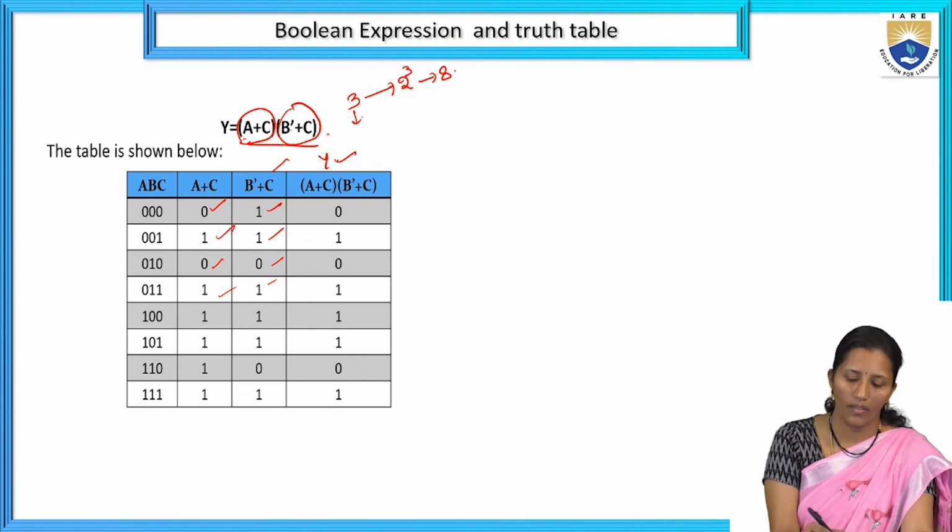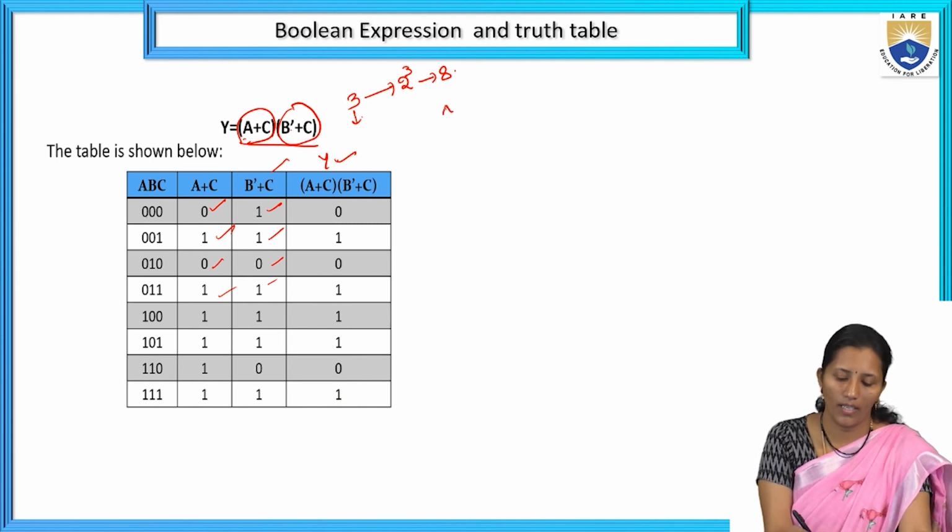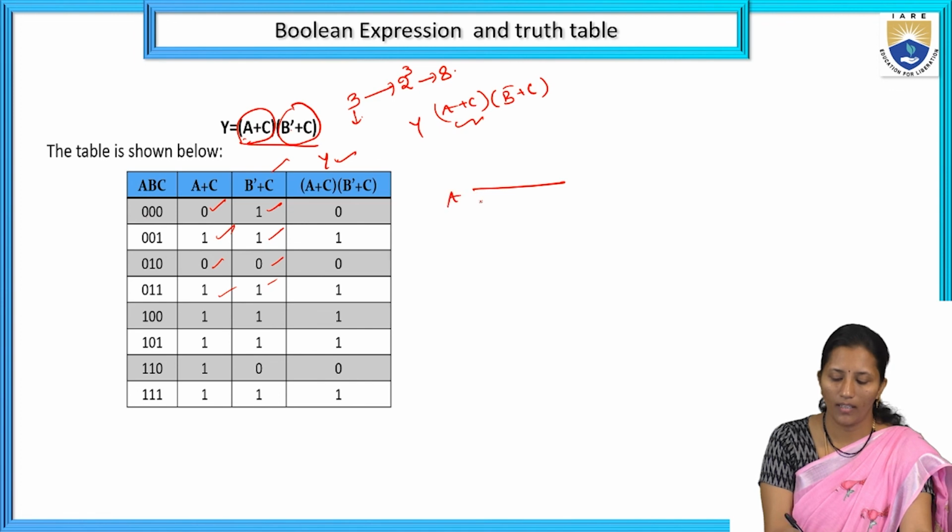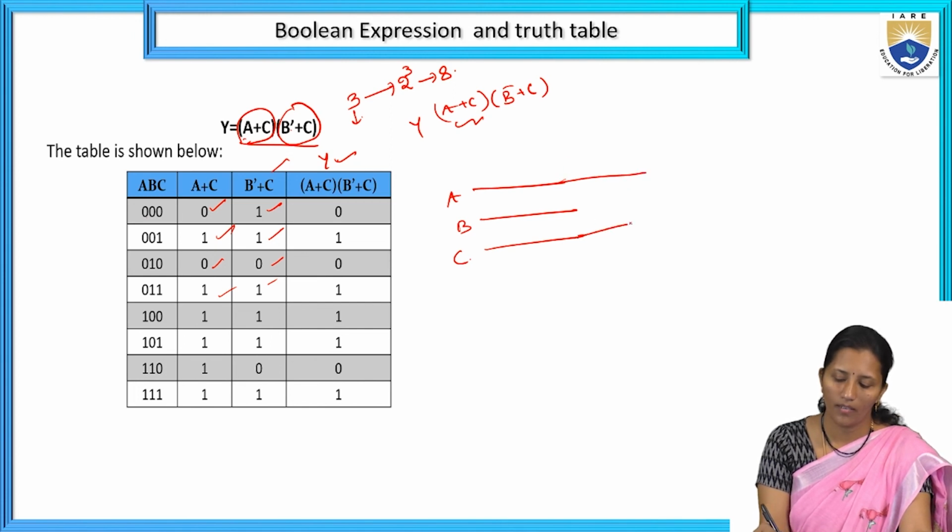Now if we see this realization of (A plus C) into (B bar plus C), take A, B and C. For A plus C, plus means we take the OR gate, and we get A plus C. But in the second term we have B bar.